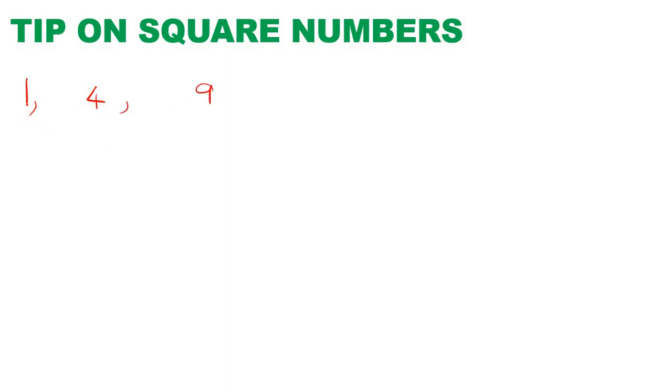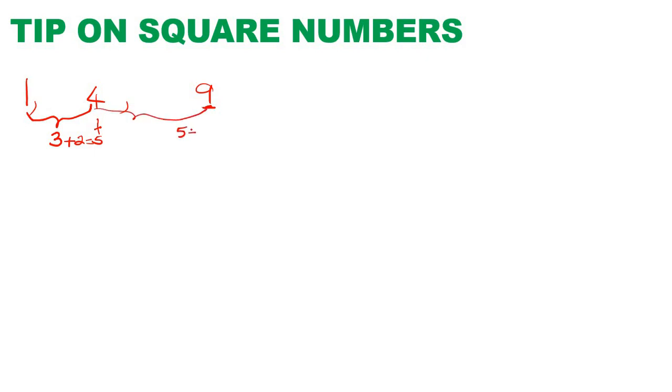Now, the positive difference between 1 and 4 is what? 3. Okay, if I add 2 to it, it gives me what? 5. If I add that 5 to 4, it gives me what? 9. Okay, and the difference between 4 and 9 is what? 5. Very good.